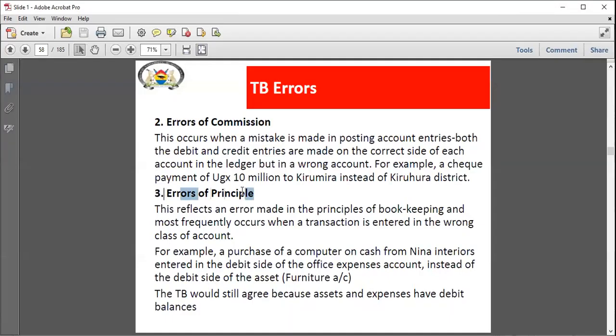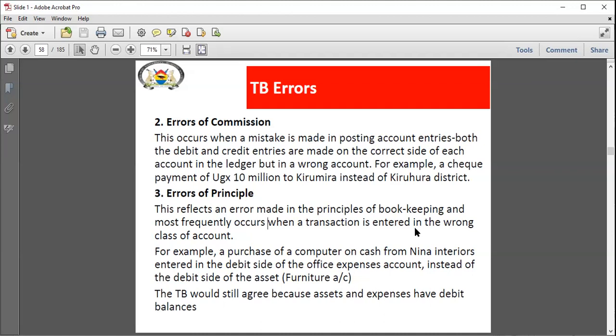So the error of principle is basically where you enter in the wrong account. For example, instead of entering in an asset account, you enter it into the expense account, but you maintain the right side.